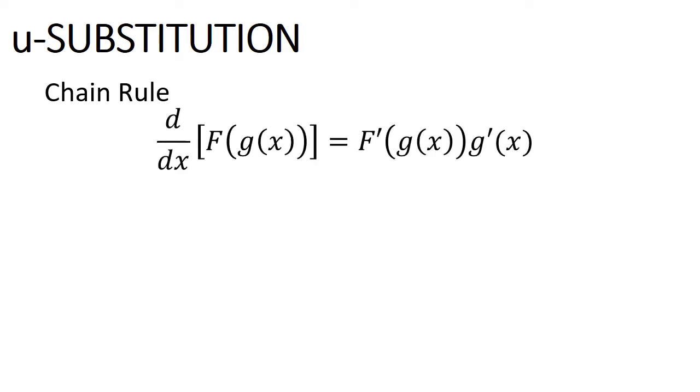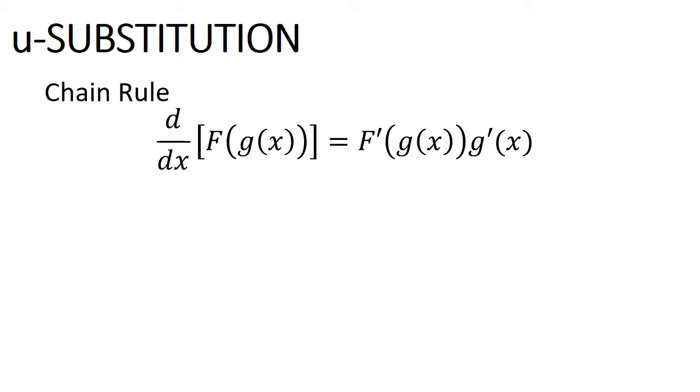And sabi niya, kung meron tayong function capital F, na which is the antiderivative of a function small f, and meron tayong isa pang function g na differentiable, sabi ng chain rule, ang derivative ng capital F of g of x ay equal sa first derivative ng capital F, g of x times the first derivative of g of x.